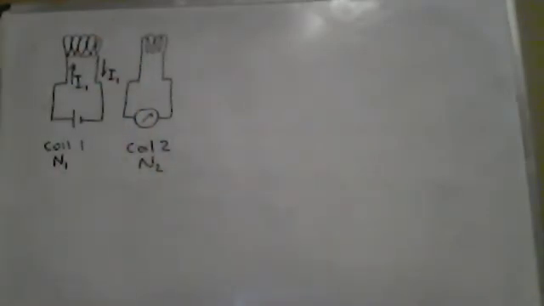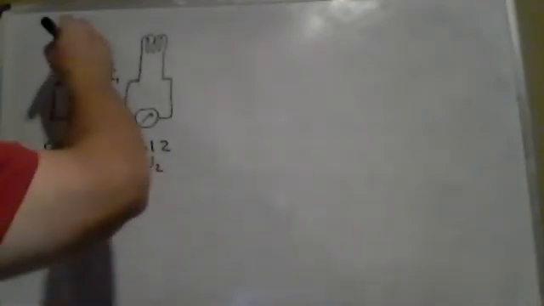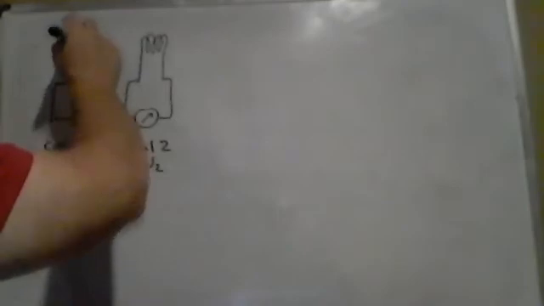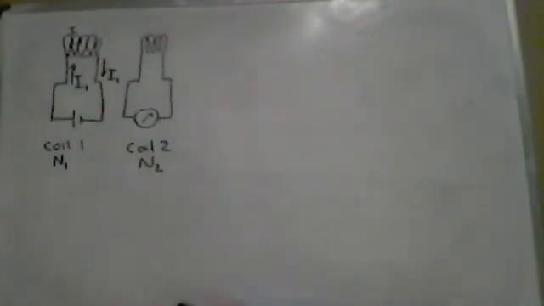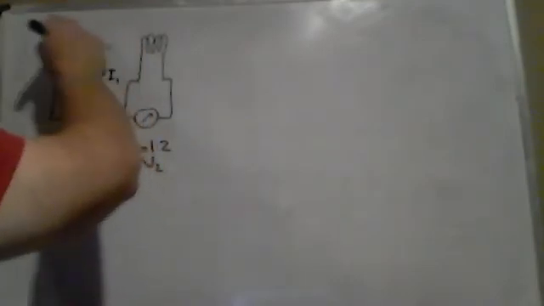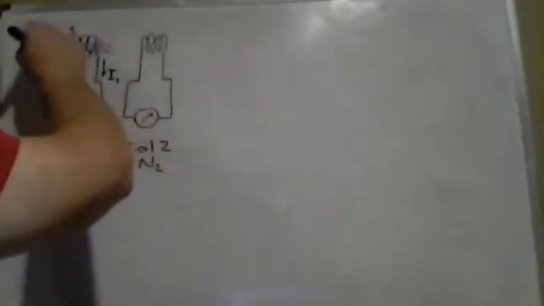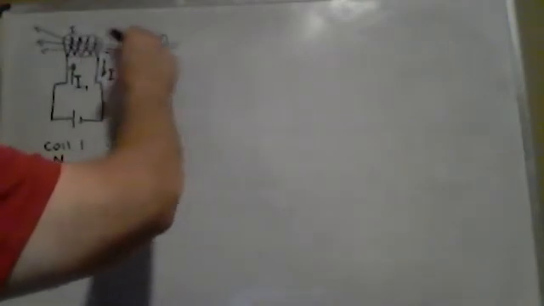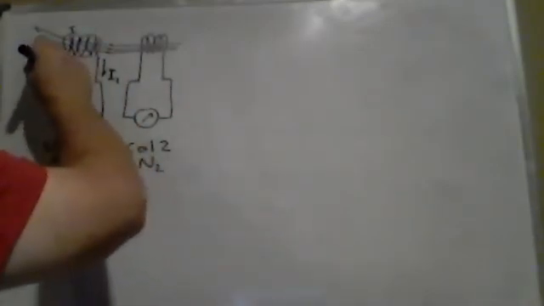So the idea is I want the current to be going over such that, if you follow my fingers on my left-hand loop, I want the magnetic field to be going through the left. I want magnetic field lines to be going through. Call this B1.